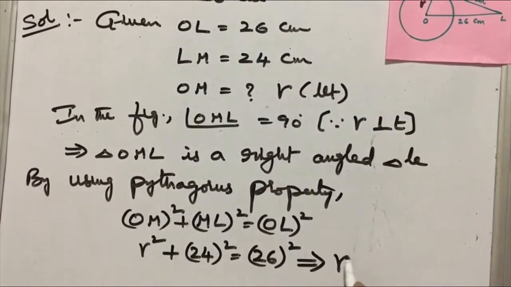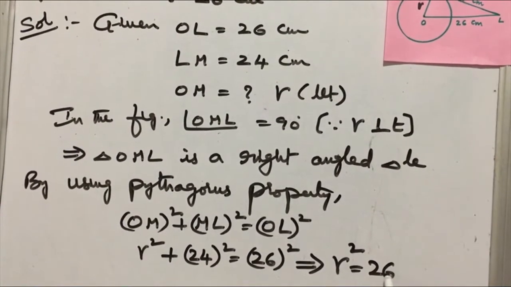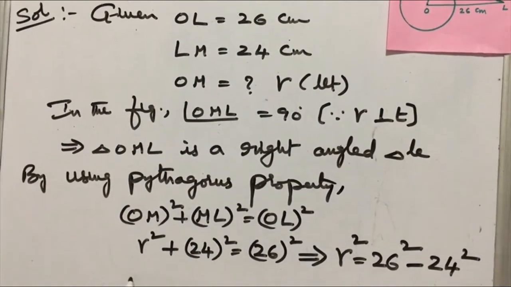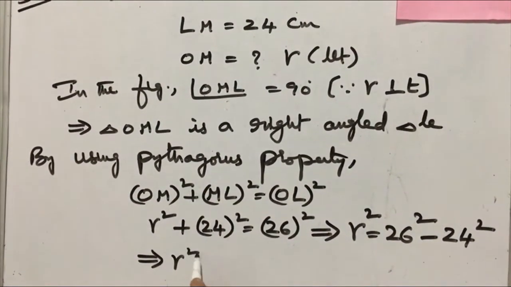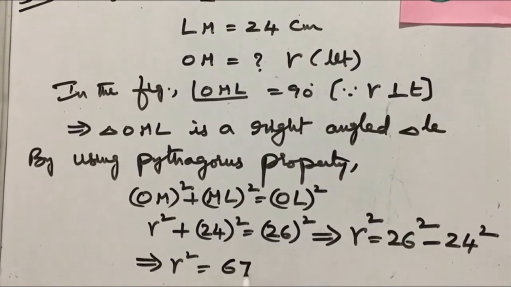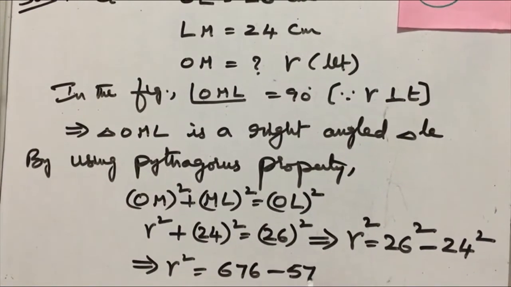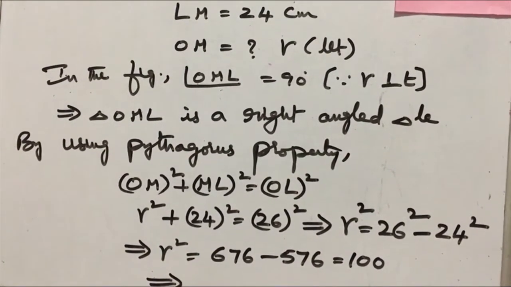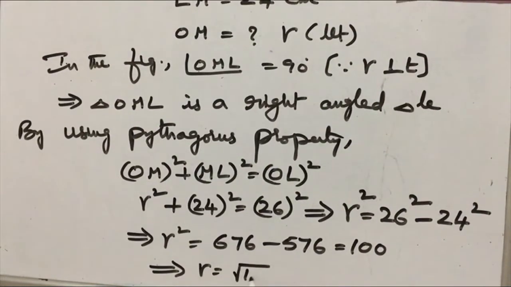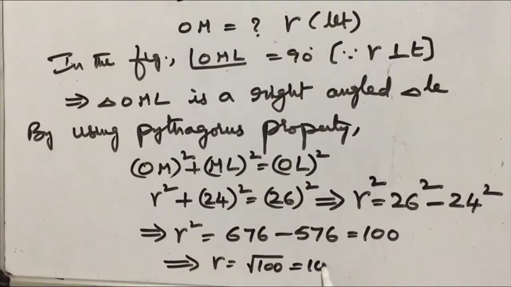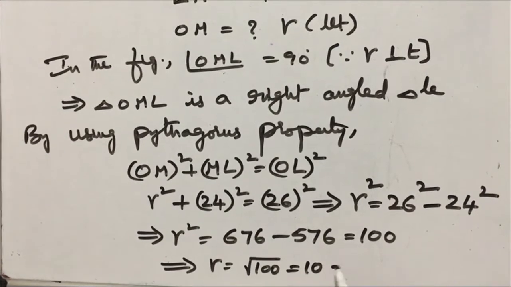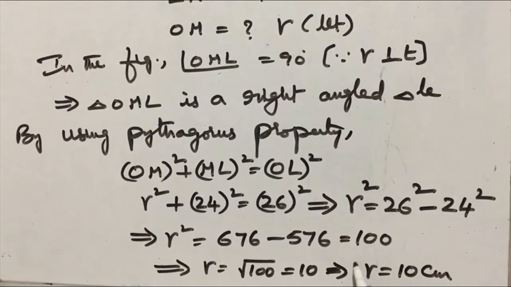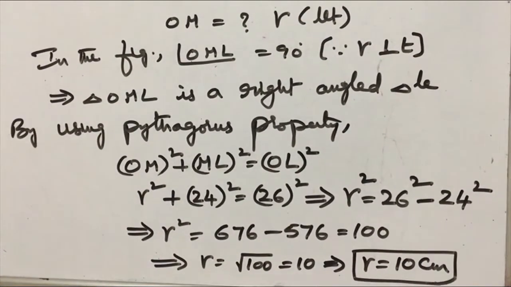From this you can get the R value: R square is 26 square minus 24 square, which is 676 minus 576. How much is it? 100. So R is equal to square root of 100, which is 10. At the end you write the answer: R is equal to 10 centimeters. Write it along with the units and make it a box.